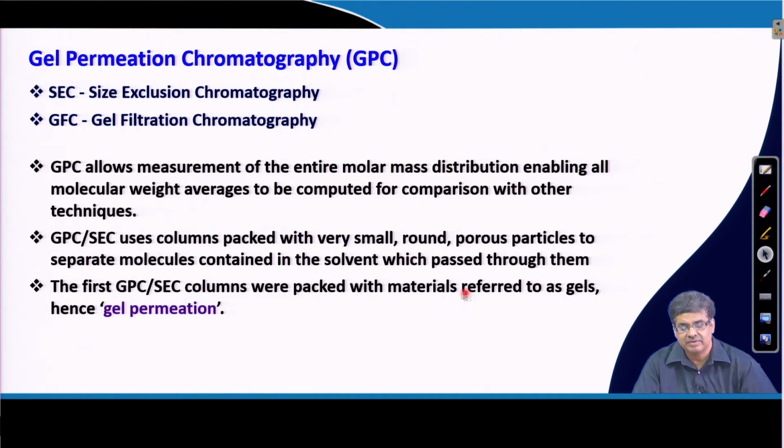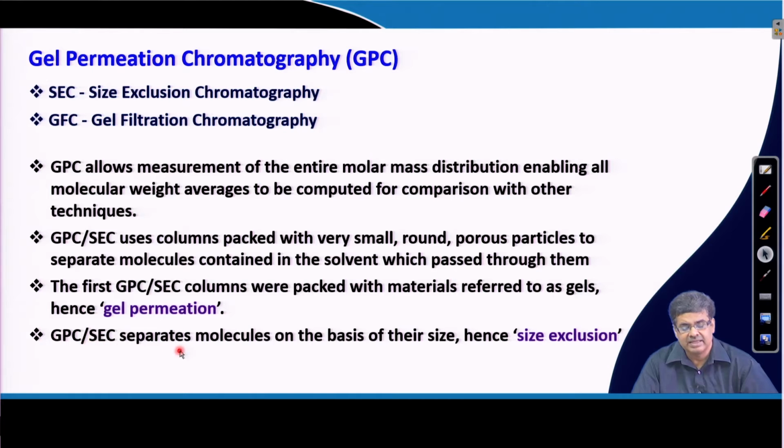That is the reason why the term gel permeation appears in this technique, and this technique separates molecules, polymer molecules to be specific, on the basis of their size. I will talk about which size in coming slides. Hence the term size exclusion, and chromatography, as you know, is a technique for separation.